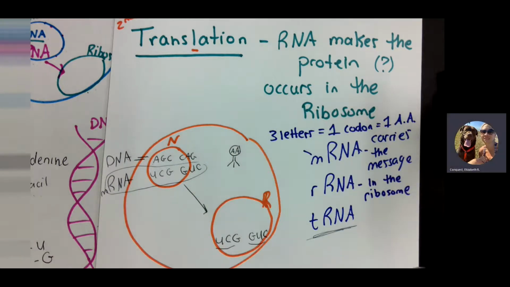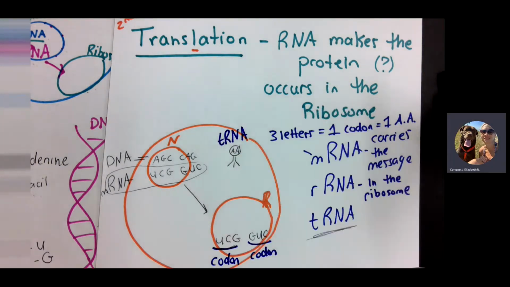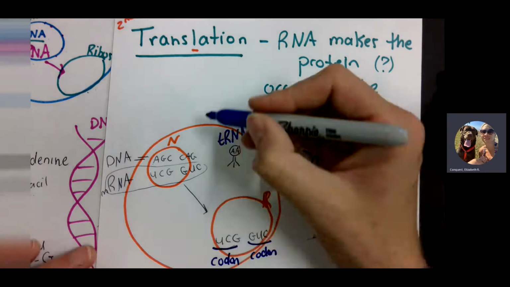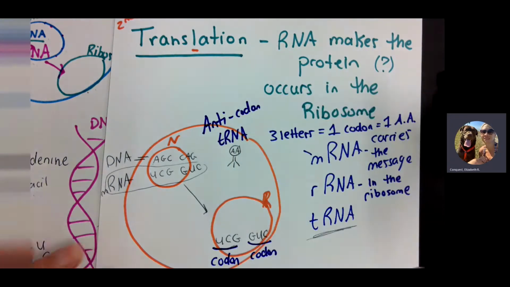All right, these are my codons. Let's not forget. Here's another codon. And the tRNA carries what we call the anticodon. Dun, dun, dun, anticodon.